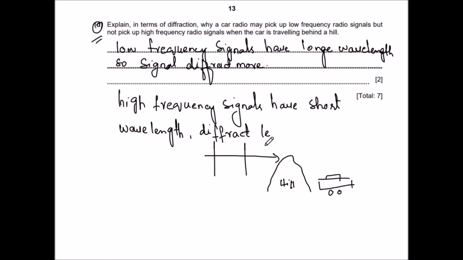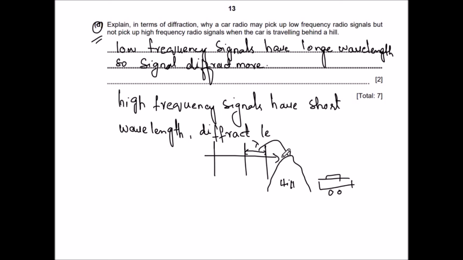These vertical lines are called wavefronts. The distance between two wavefronts is equal to 1 wavelength. The condition for diffraction is that this wavelength is comparable with the size of the obstacle. If the size of the obstacle in front of the wave is comparable with the wavelength, then diffraction takes place.